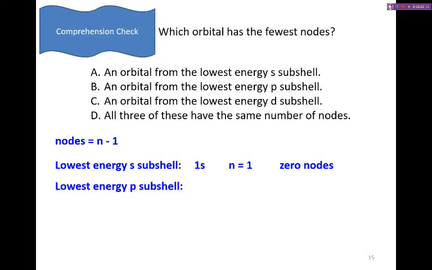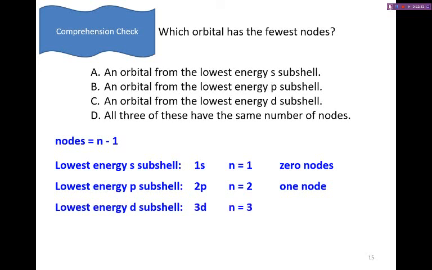The lowest energy p subshell is a 2p. That means n equals 2, and so that has 1 node. And our lowest energy d subshell is the 3d. That means n equals 3, and it has 2 nodes. So the answer to that has to be A, that the lowest energy s subshell has 0 nodes.